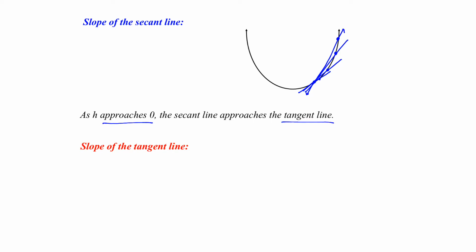So therefore the slope of the tangent line would be the limit as h gets closer and closer to 0 of the slope of the secant line, which would really be equal to the limit as h approaches 0 of f of x plus h minus f of x divided by h. And there's that difference quotient that we had talked about previously as well. So this right here represents the derivative of that function, whatever it might be.